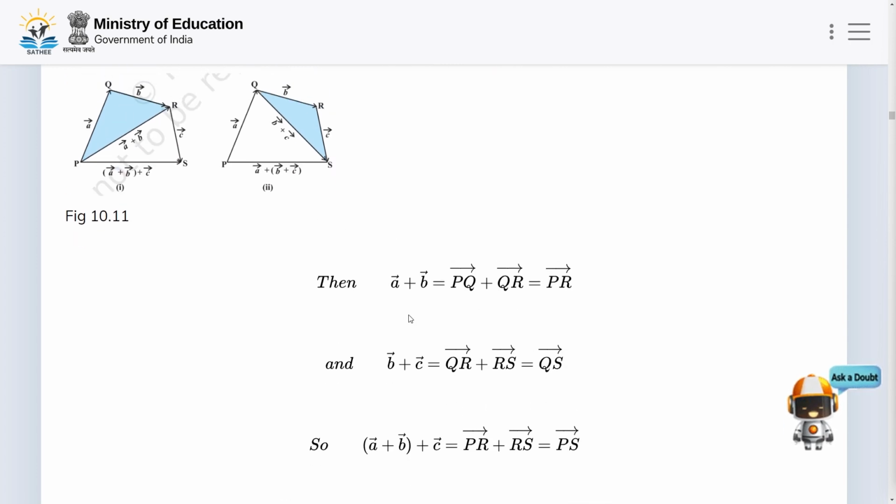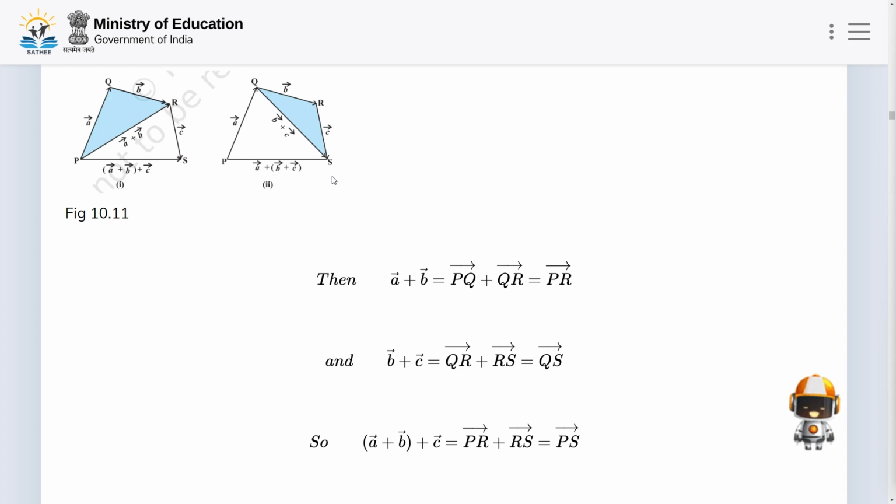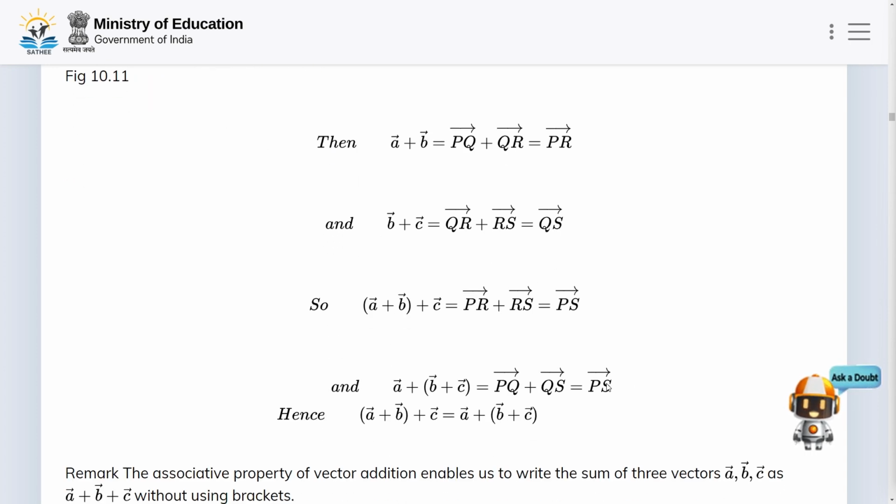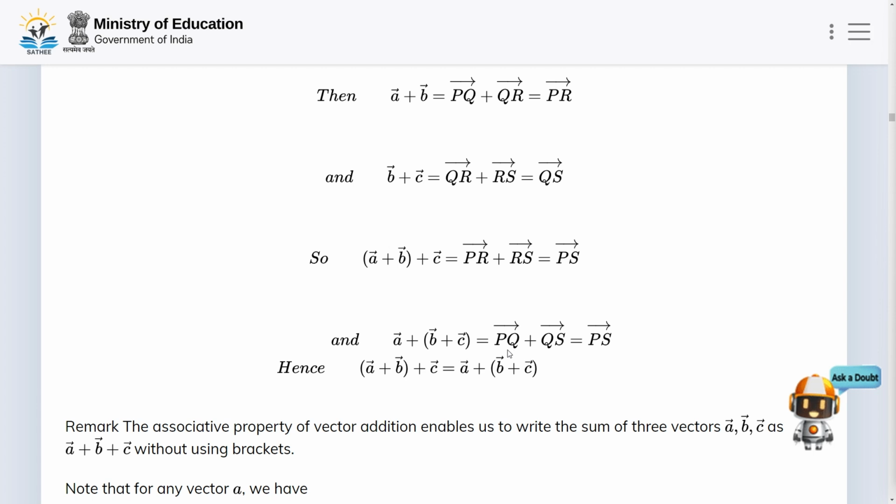Okay, now what is this PS vector? In this white triangle, you will have PR plus RS. And what about this? This will be PQ plus QS. Now combine all the information you are given. You will have vector A plus vector B first, plus vector C, is the same as vector A plus the sum of vector B plus vector C. This means associativity also holds.